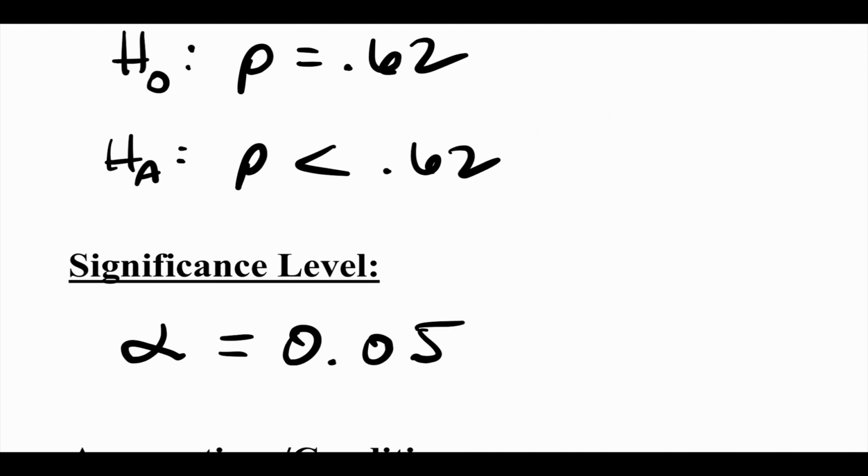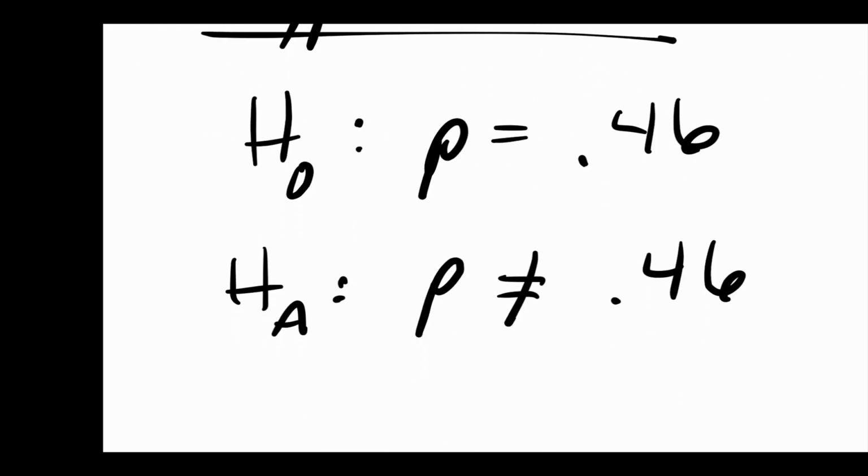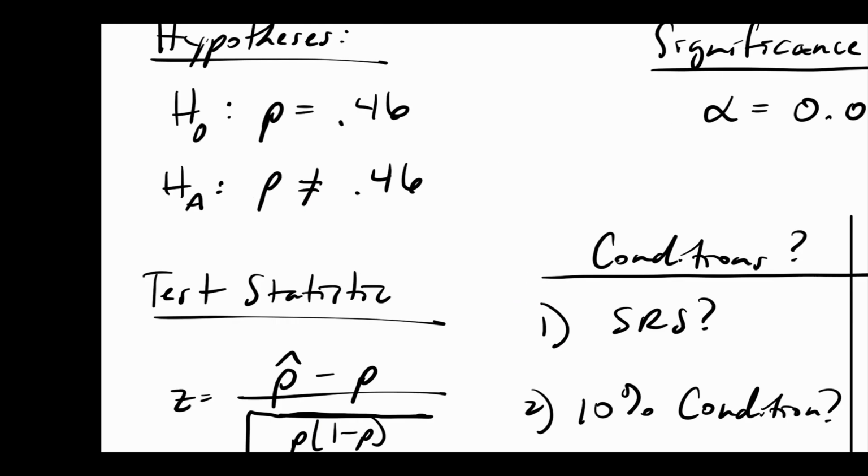But since we have a not equal to, we have to take into account both sides, the less than and the greater than. So we have two sections that are shaded. Okay.